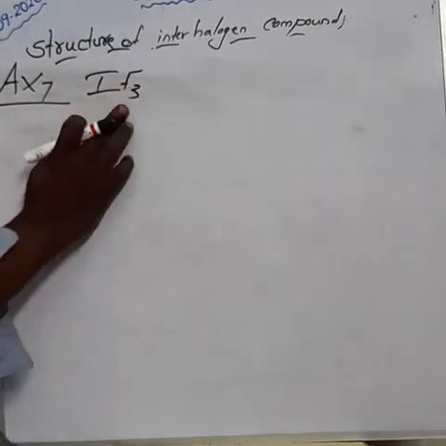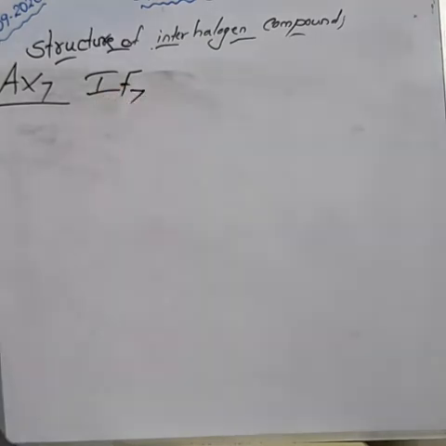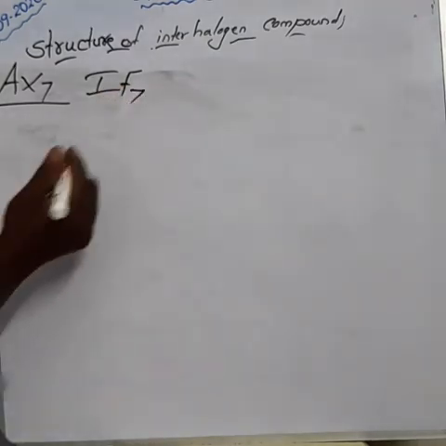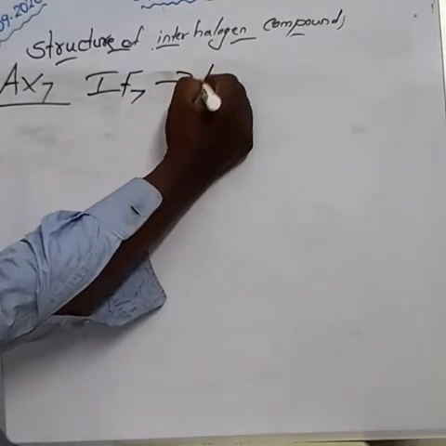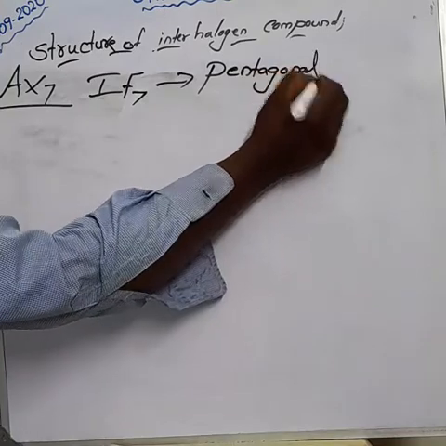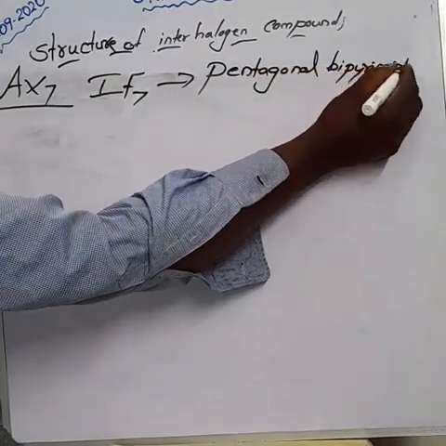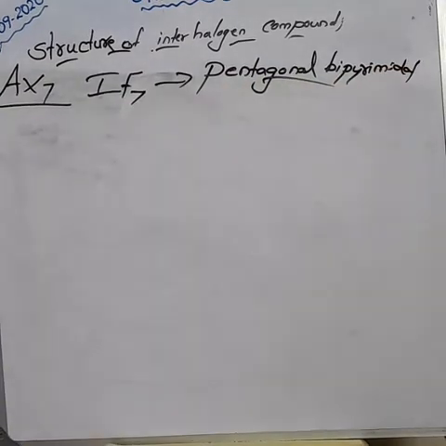Already I told you that the structure of AX7 is pentagonal bipyramidal. Okay, how can you find out the hybridization of the IF7 molecule?